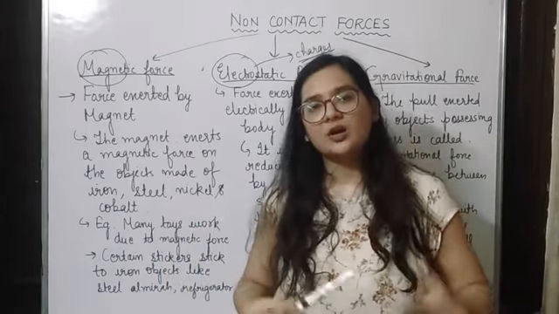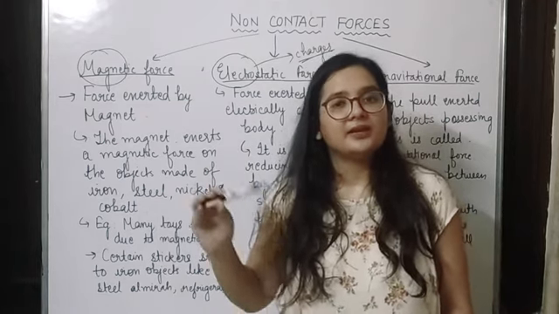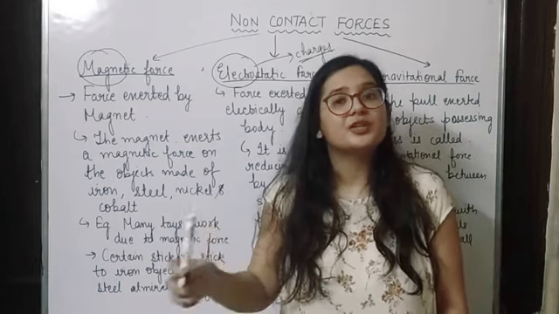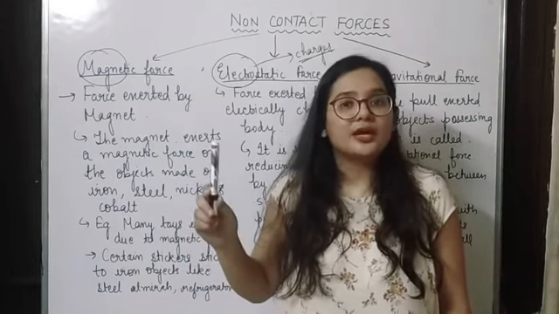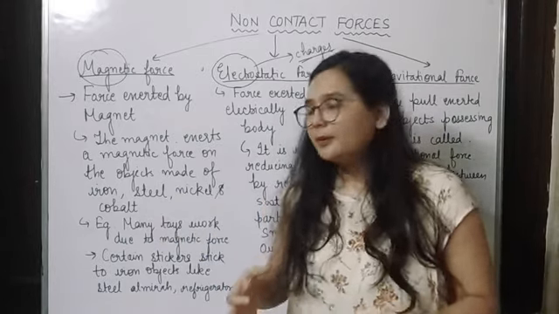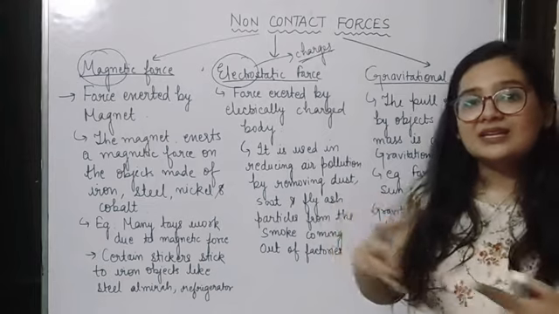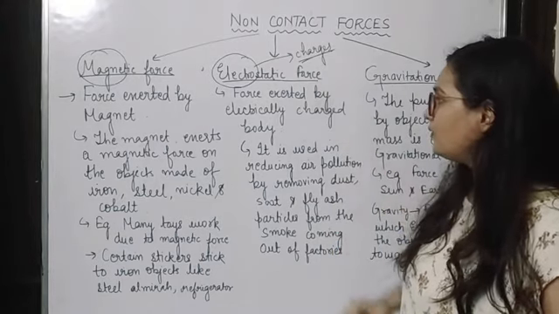So this is how charges work. When you rub the scale with your hair, initially it was not charged, but after rubbing it got charged, and due to that charge, it started attracting the bits of paper, right? So the forces that involve charges are known as electrostatic forces.